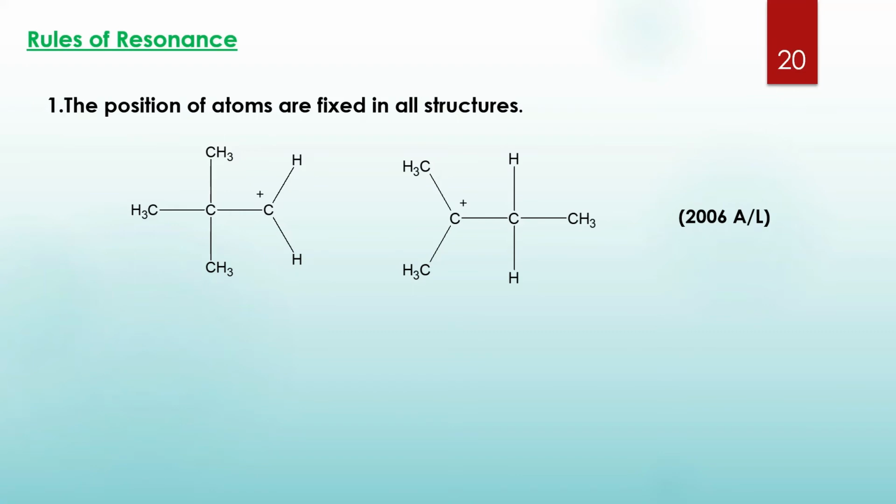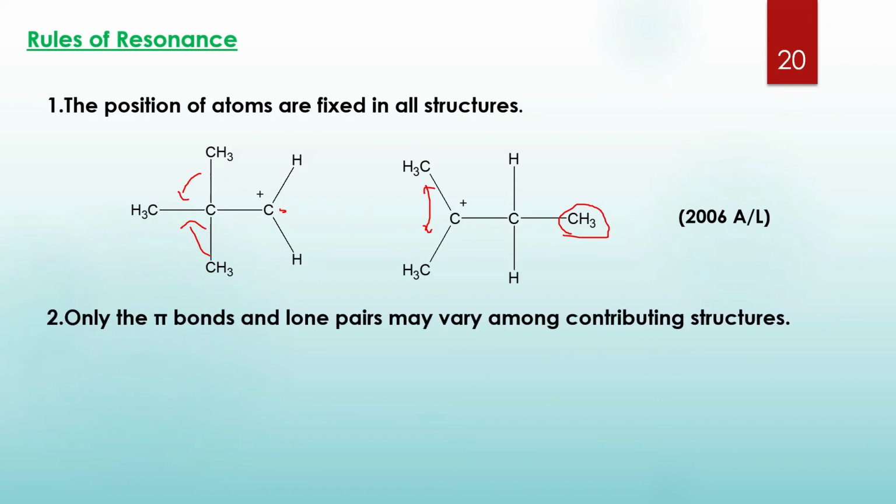As you can see, this carbon has two CH3 groups connected to it, but here there are three CH3 groups connected to that carbon. And here there's no CH3 group connected to this carbon, but here that carbon has acquired this CH3 group. Because of that, these two are not resonance structures of each other.